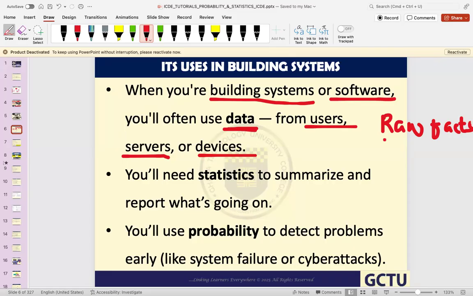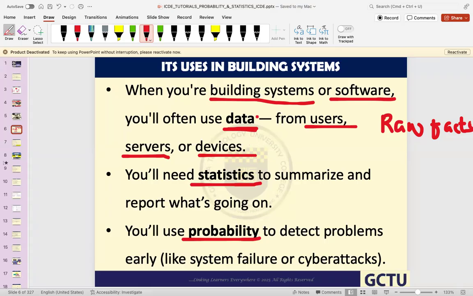We always use statistics and probability to work on data. So for instance, if you are building a system that will detect problems, you still use data. And once you are using data, statistics and probability will be in action.